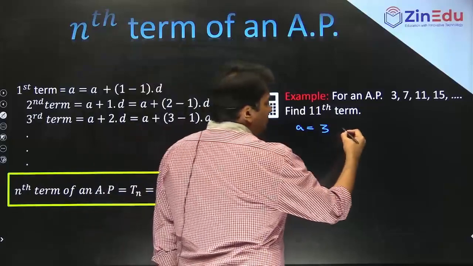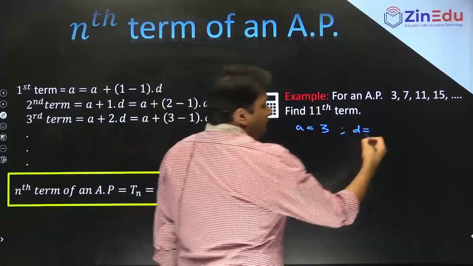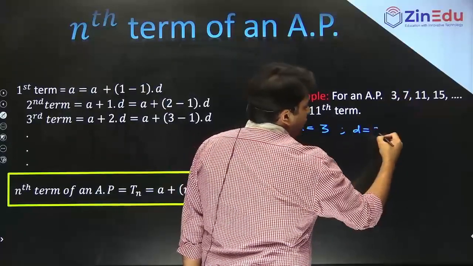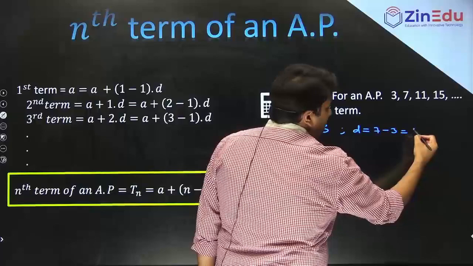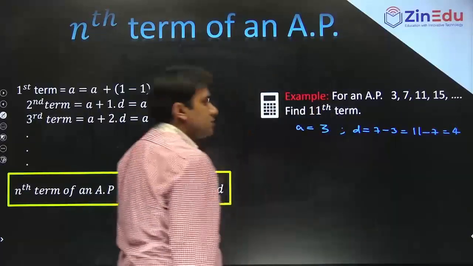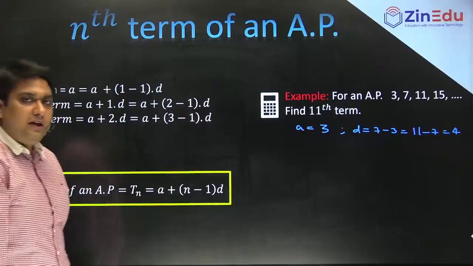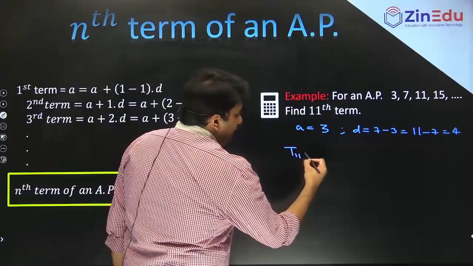That is the first term. What would be the common difference? That means second term minus first term, or I can say third term minus the second term. So that would be 4, which is a constant. And now we need to find the 11th term.